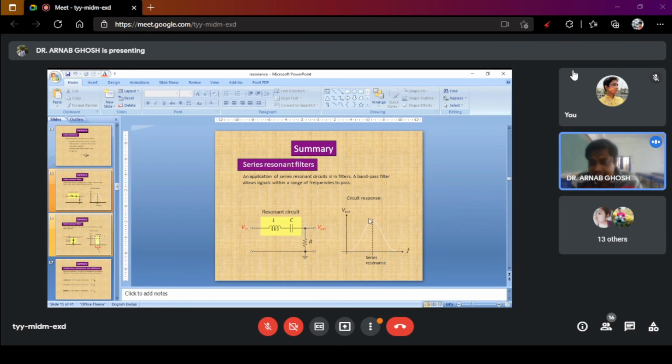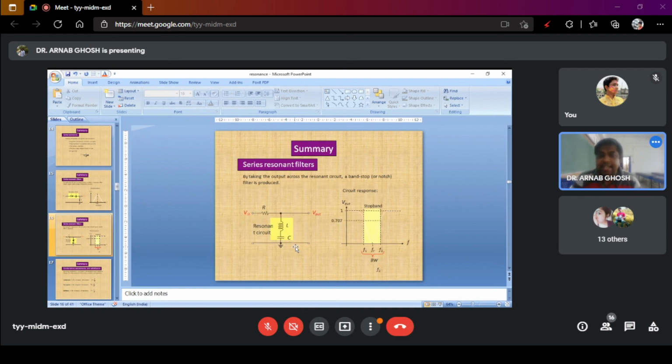And it allows all the frequency bands to pass between F1 and F2. So this point is F1 and this point is F2, right? See, this is not starting from 0. This is starting somewhere here and it is ending somewhere here. So this is the structure of a band pass filter. Please, you can draw it or note it down.